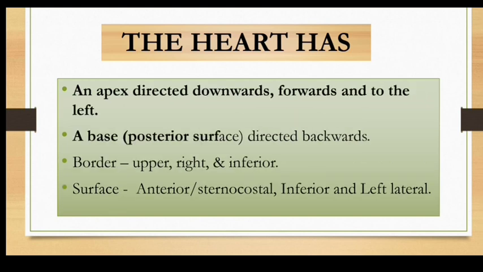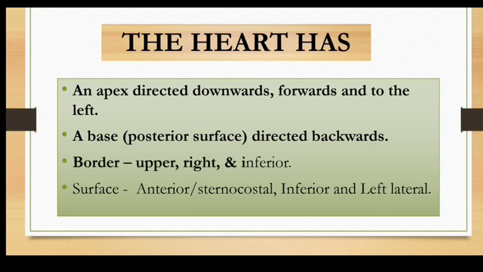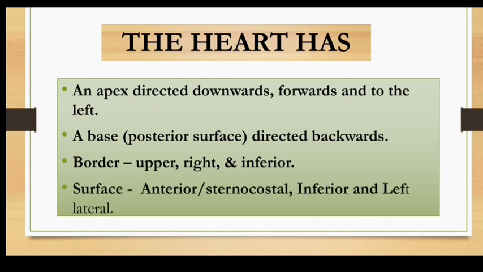Now apex, base, border and surface. The apex is directed downward, forward and to the left. The base is the posterior surface, directed backwards. There are three borders: upper, right and inferior. The inferior border is known as the diaphragmatic border, right? There are three surfaces.